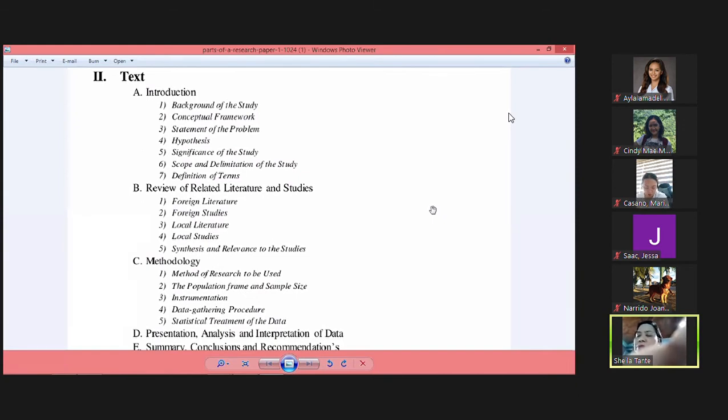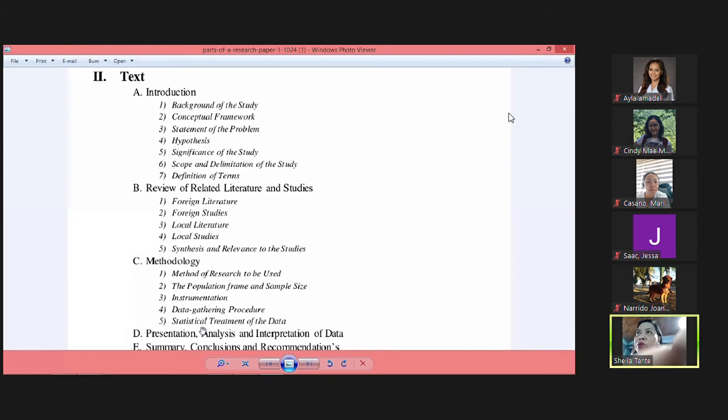So there's also a format for that. That's why I was very much concerned with the topic we were discussing, because the review of related literature and studies has to have foreign literature, foreign studies, local literature and local studies, and you need to make your synthesis and relevance of the studies.